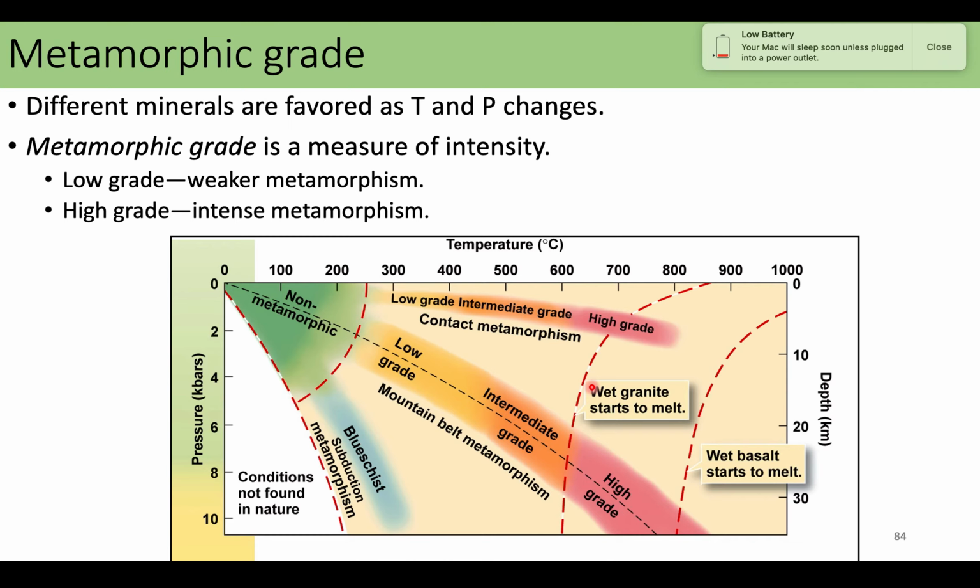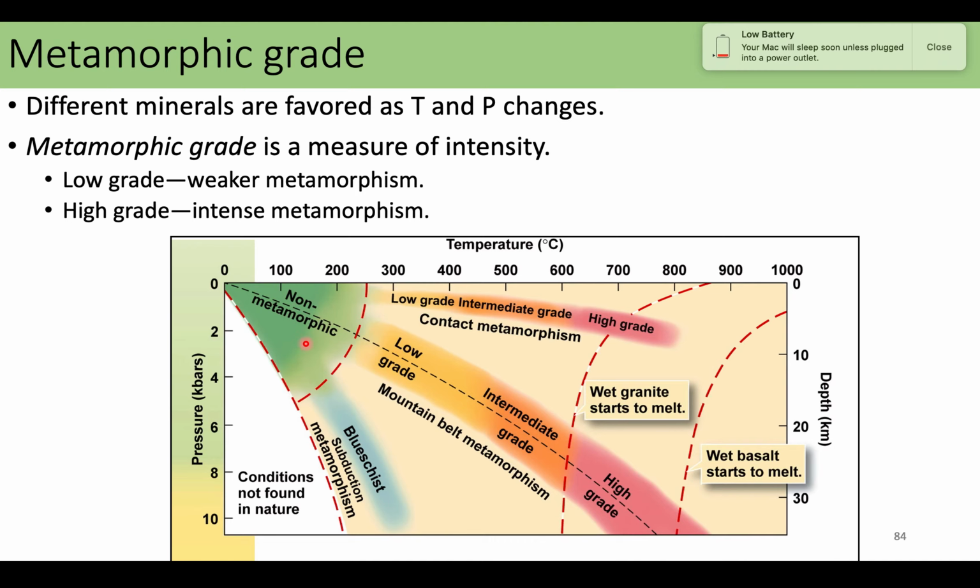So remember metamorphic grade. Low grade is really weaker metamorphism. As the metamorphism increases, or as that rock undergoes higher temperatures and higher pressures, the grade of metamorphism is going to increase. So you can't just create from your protolith a very high grade metamorphic rock. You're going to start with your non-metamorphic rock.